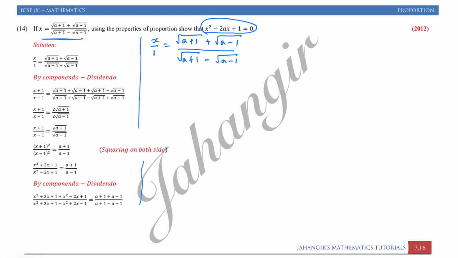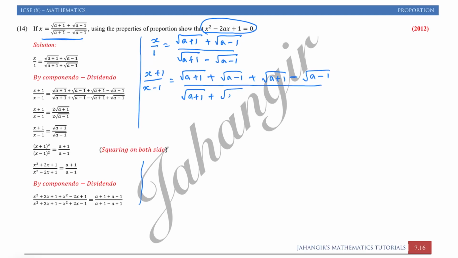By componendo dividendo I can write x plus 1 upon x minus 1 is equal to root of a plus 1 plus root of a minus 1 plus root of a plus 1 minus root of a minus 1 whole upon root of a plus 1 minus root of a minus 1, this is minus and this will change sign.